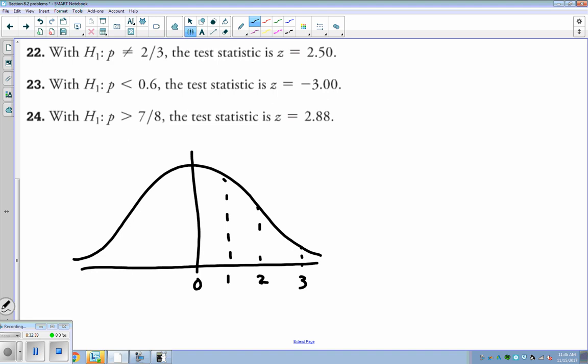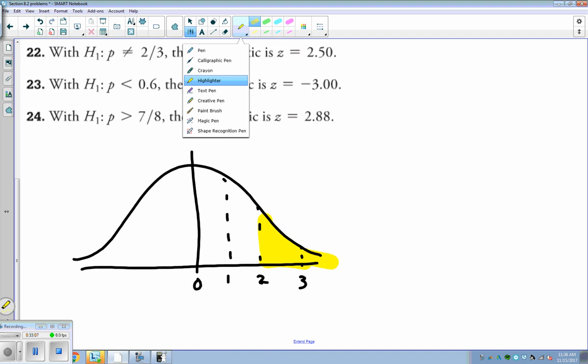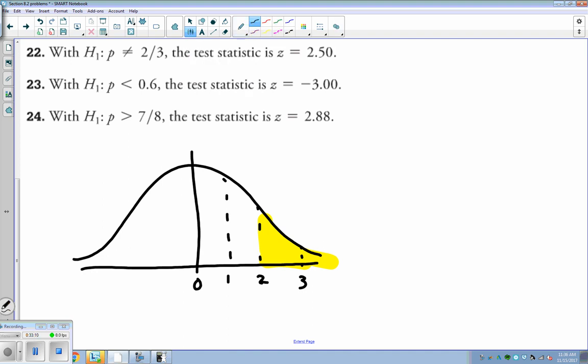So first what we did, this is exaggerated so I can have a big blow up to show you, right? We found the area under the curve where the probability of getting 2 or more, because my test statistic said z was 2. When we did that, we found this area was 0.0228.